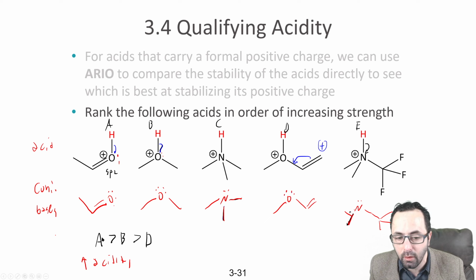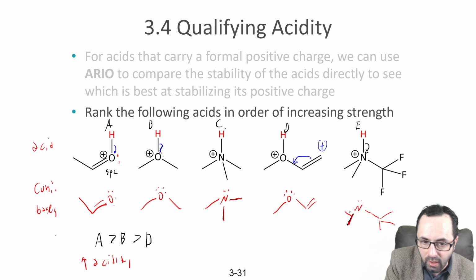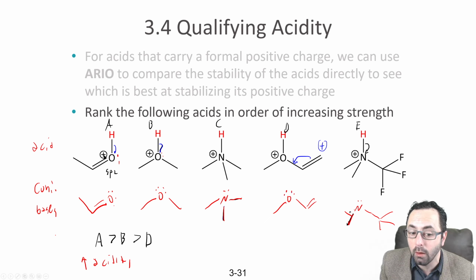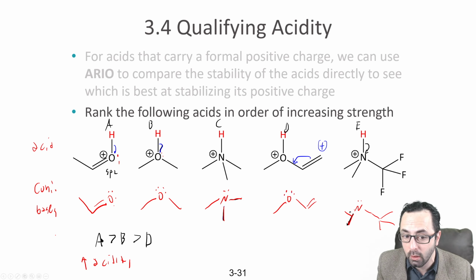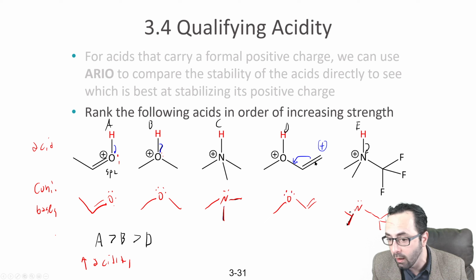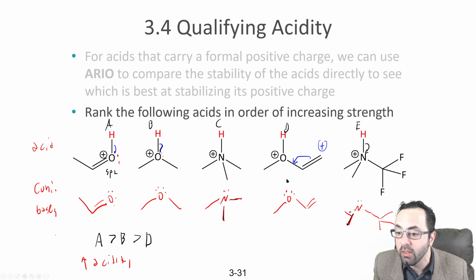Okay, and so it would stabilize a negative formal charge greater. However, this is a positive formal charge. Okay, the opposite of that. And so we're going in the opposite direction there. The B is right in the middle, and then the oxygen here is allylic to a lone pair here. All right. Finally, for the nitrogens.